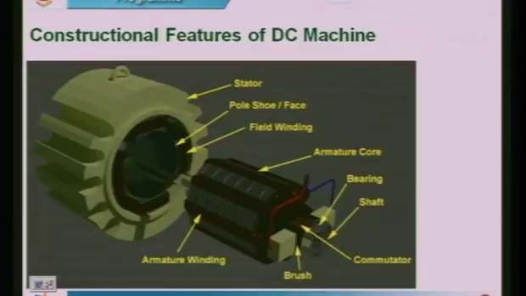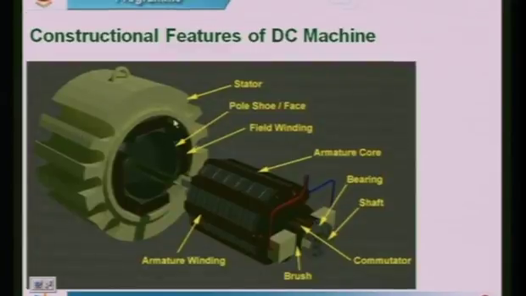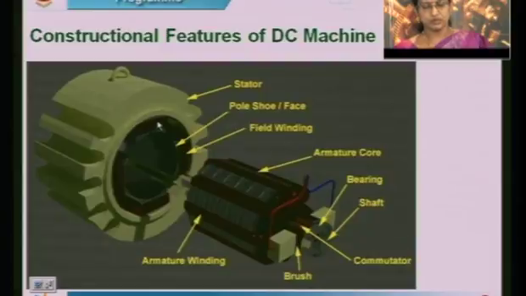So you see here in the construction features, there is a stator. We will consider this as the frame. Here the pole shoe is there, then the pole core, and here the field winding we are going to connect. The field windings are wound on the poles, and then this is the armature core.